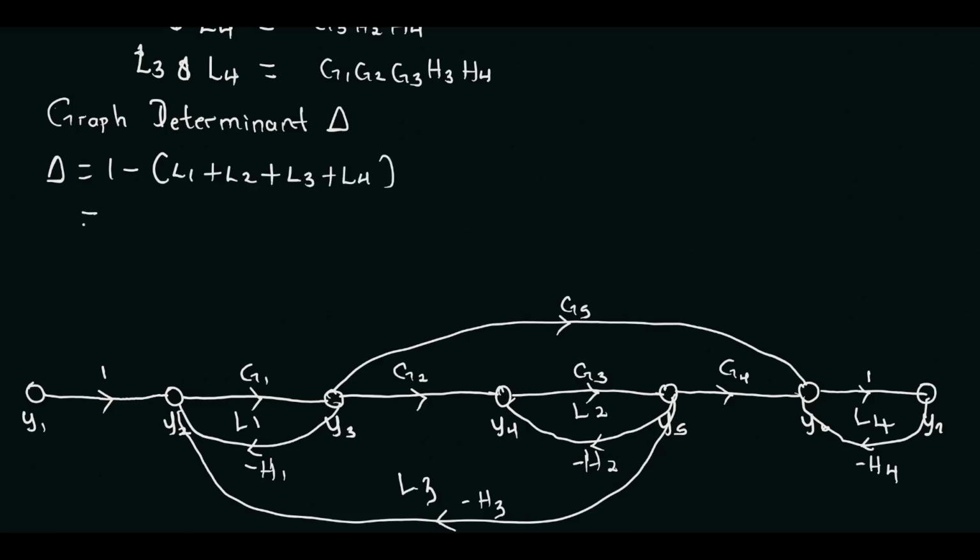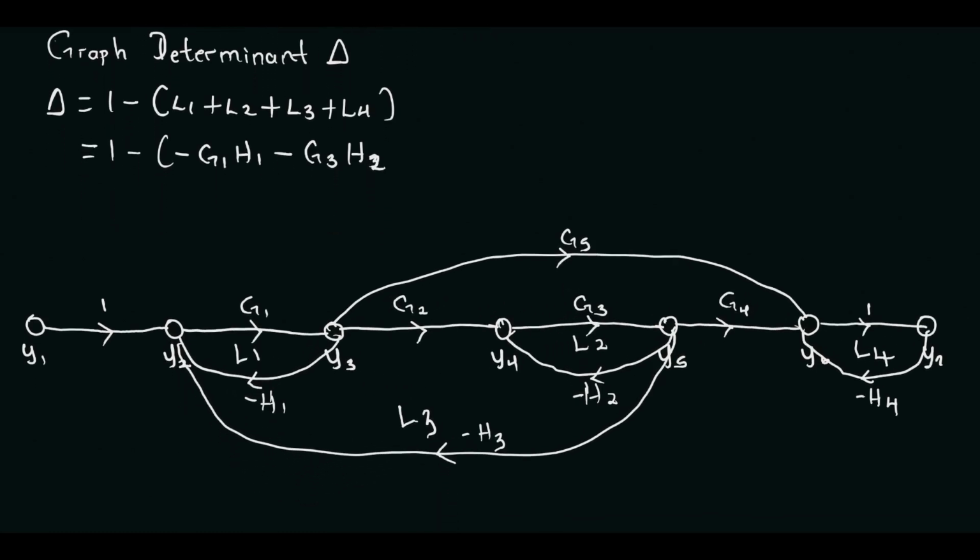That will be equal to 1 minus, what's the L1? Minus G1 H1. Minus, what's the L2? G3 H2. What's your L3? That is minus G1 G2 G3 H3. What is your L4?